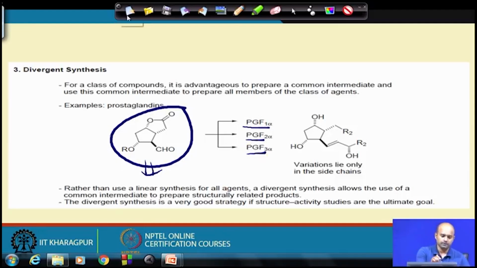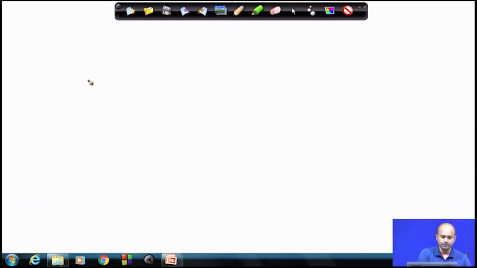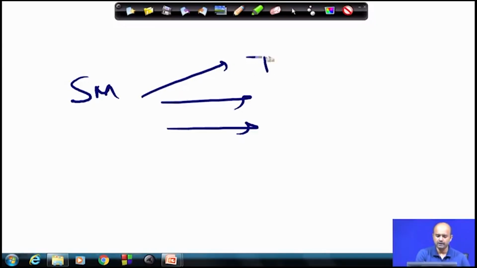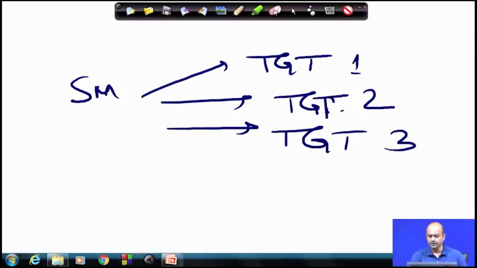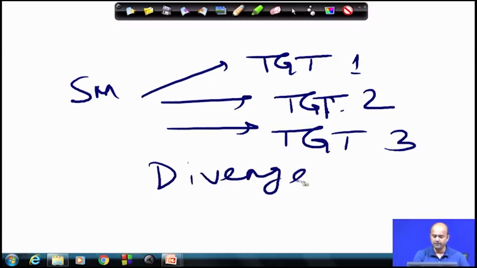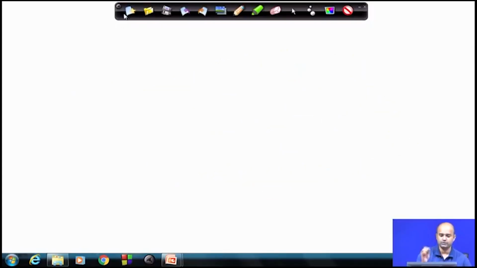So, starting from a simple starting material, you can get target 1, target 2 or target 3. These things you need to take care of, and this is basically a divergent pathway or triply divergent pathway. This divergence sometimes gives you a very nice demonstration.